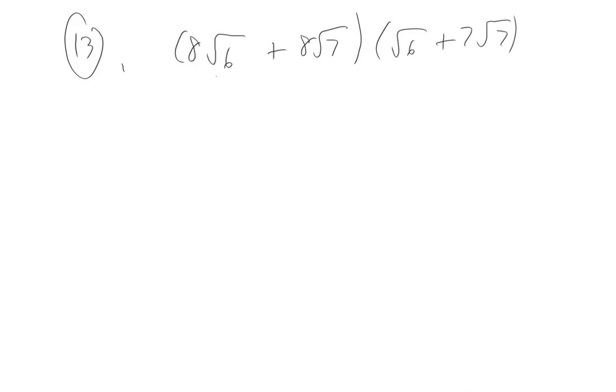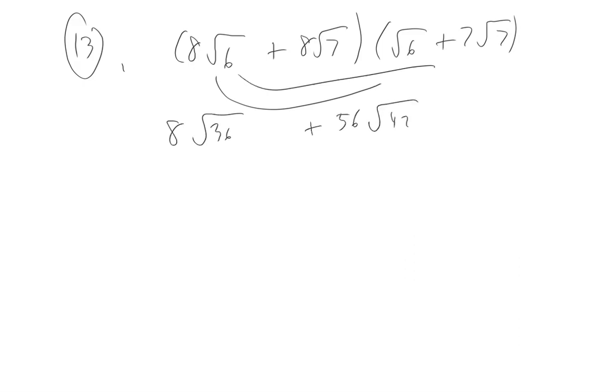That times that is equal to 8 square root of 36. That times that is equal to 56 square root of 42. That times that is 8 square root of 42. And this times this is 56 square root of 49. But the square root of 36 is really 6. So you have 8 times 6.